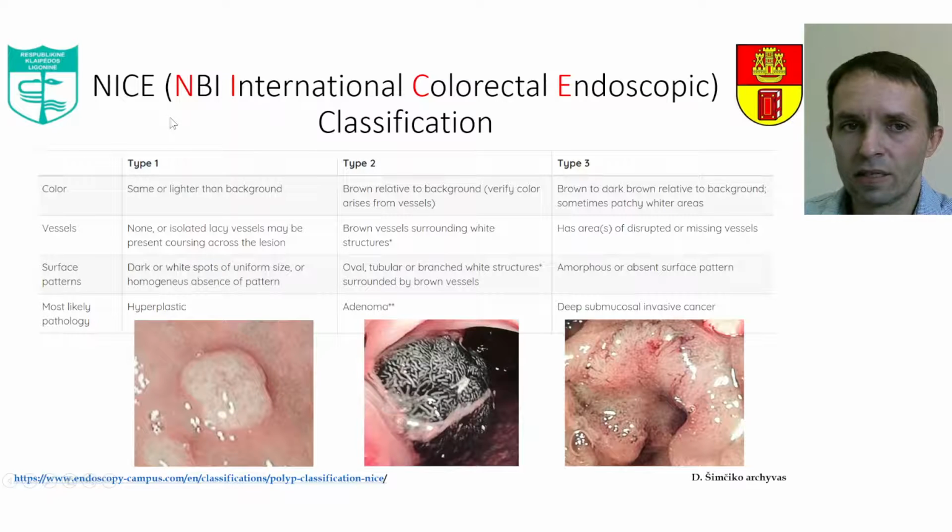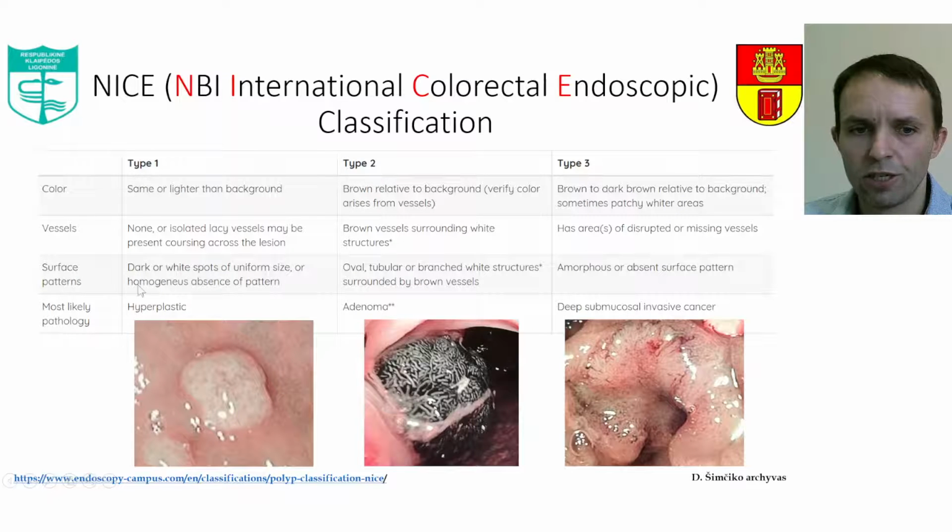And this is an example of the NICE classification, the NBI International Colorectal Endoscopic classification. This simple classification divides all lesions into 3 types. Type 1, most likely pathology usually is hyperplastic polyp. Type 2, adenomas. And type 3, cancer.